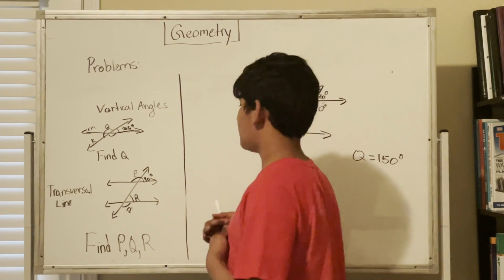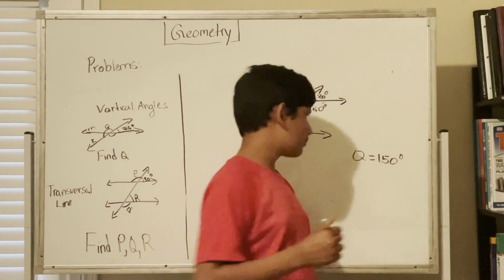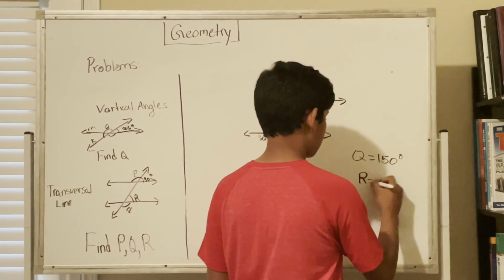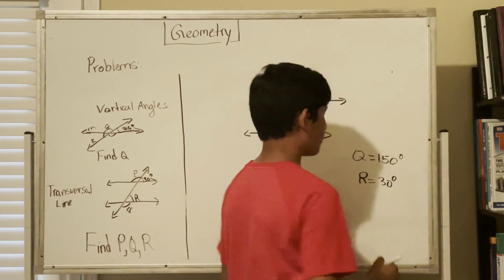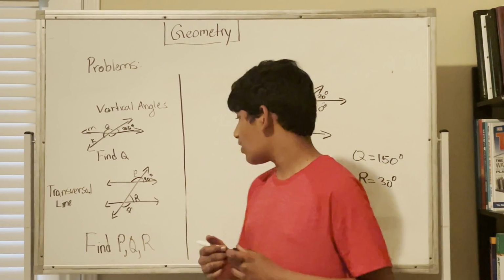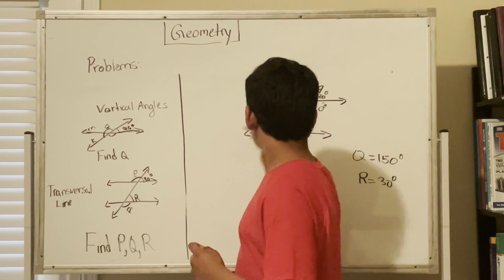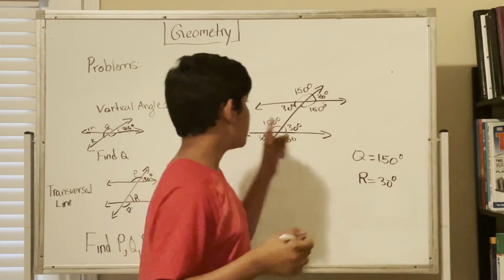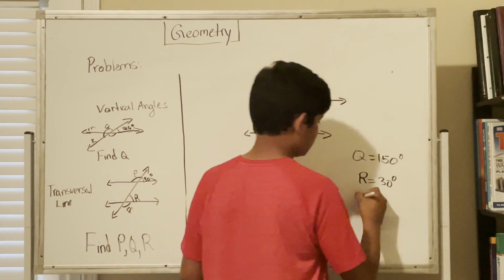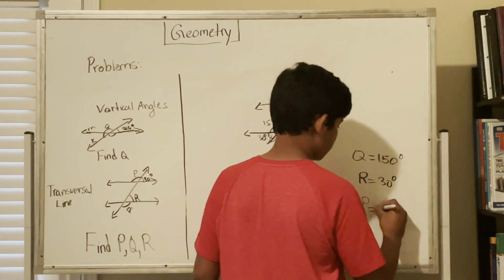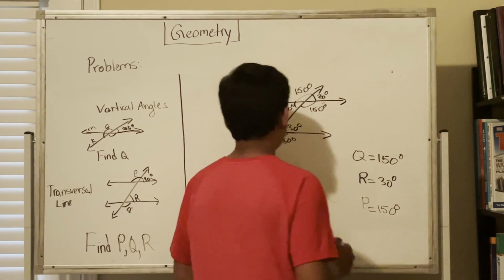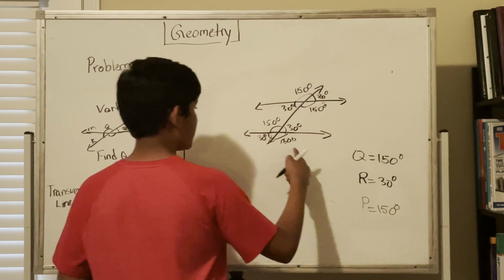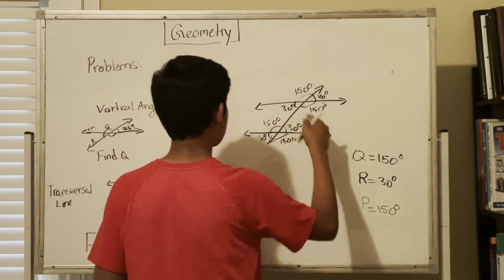Well, that's just going to be 30 degrees. We can easily infer that P is going to be 150 degrees. If we check, P is this over here, which is 150 degrees. Q, this is Q, this is P, and this is R.